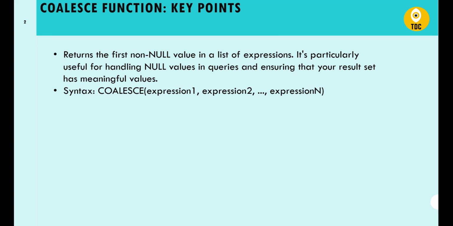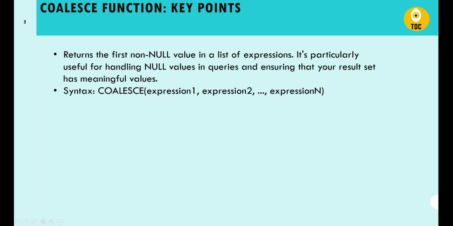So basically, it returns the first non-null value in the expression. Suppose you are having a Coalesce of expression 1, 2, 3, 4, n number of expressions could be there, right? In that, Coalesce will get whichever is the first non-null value.